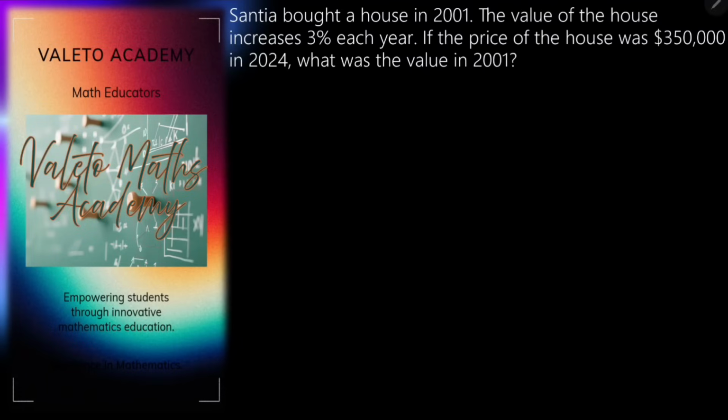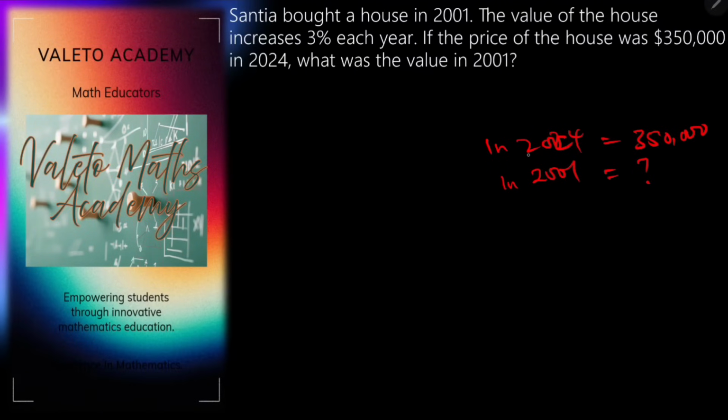Did you get that? In 2024, the house was valued at 350,000. So we're looking for the initial value that it was in 2001. How much was it?